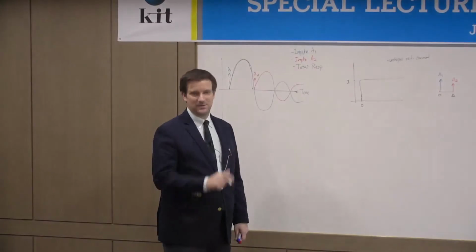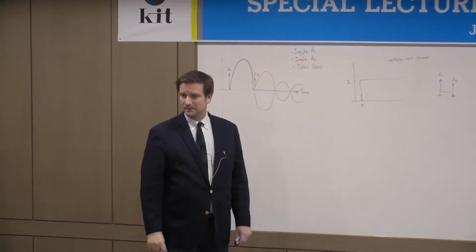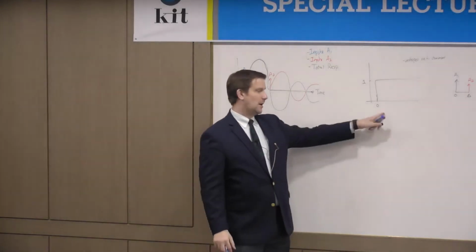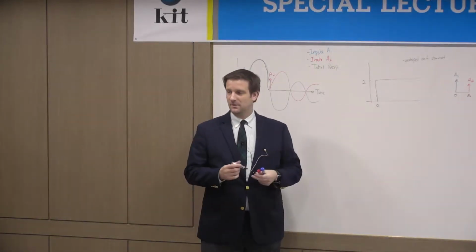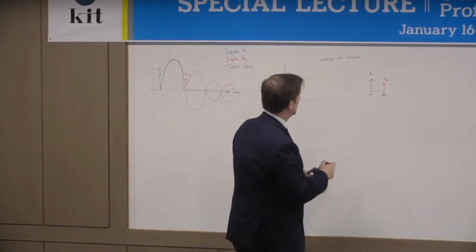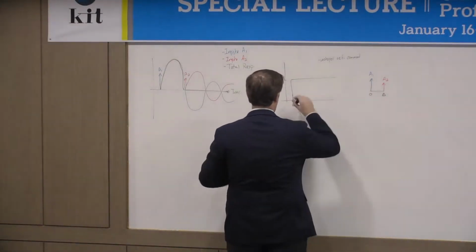My unshaped reference command is just a step, 1 unit step. Okay. If my system is flexible, what kind of response does this create? There's going to be some vibration, right? So we can draw that up too. Let's see, we'll draw dashes.